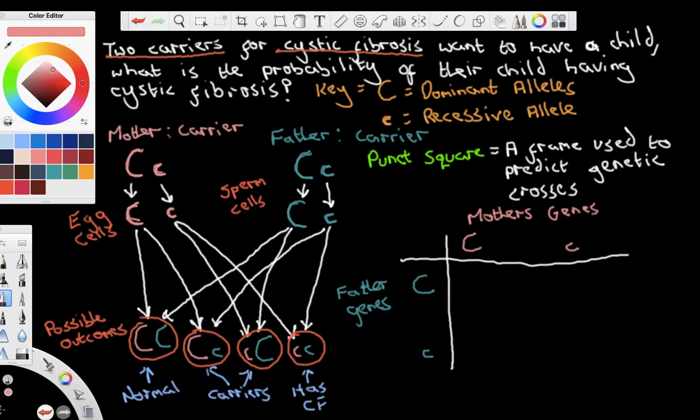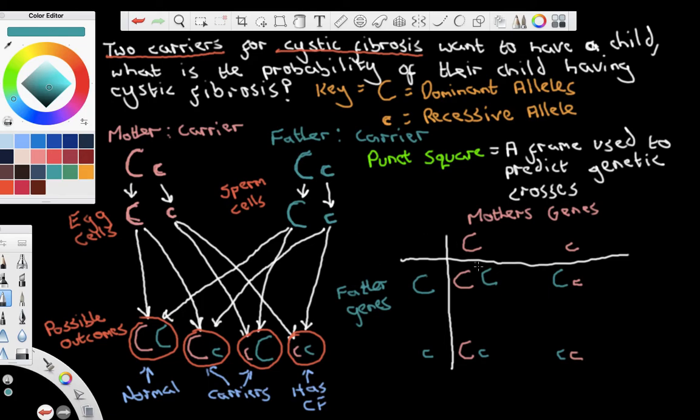We can then fill in what each parent gives. So in this column, the mother gives a capital C and a capital C. In this column, the mother gives a lowercase c and a lowercase c. In this column here, the father gives a capital C and a capital C. And in this column here, the father gives a lowercase c and a lowercase c. Each of these crosses is worth 25%.